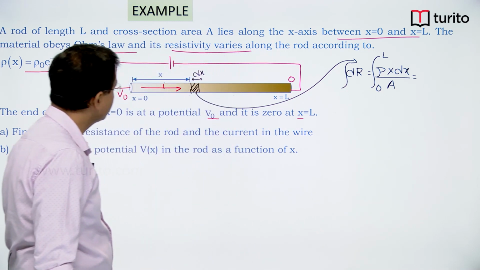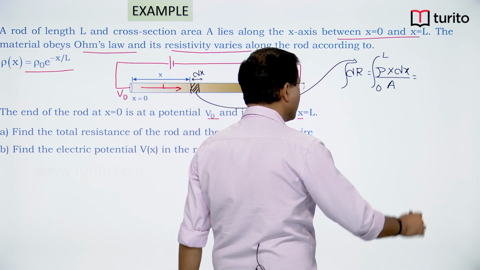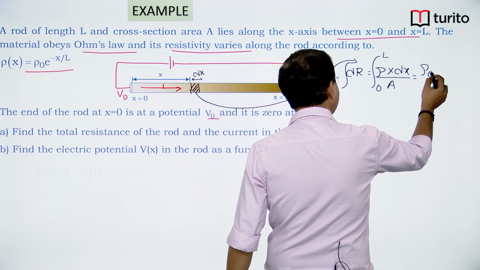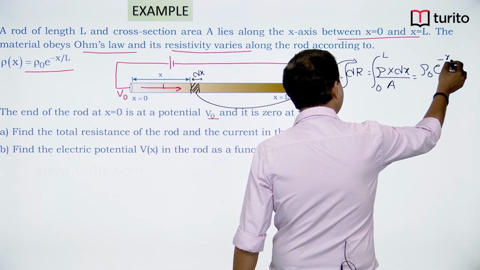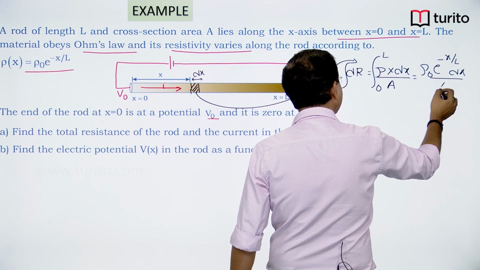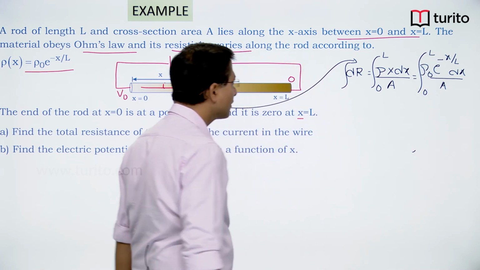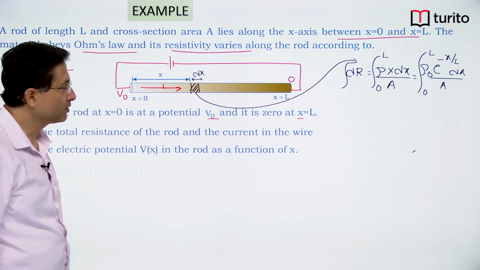Rho is rho naught e to the power minus x by L, dx divided by A. This we can simplify.